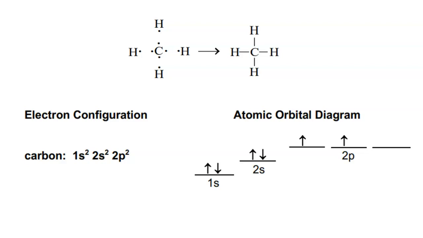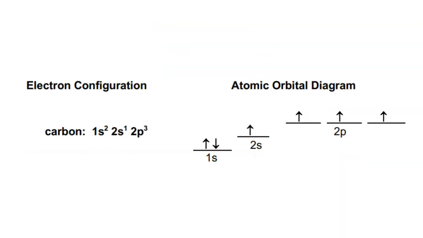Each carbon in its ground state electron configuration and atomic orbital diagram is shown here. Your carbon atom needs 4 unpaired electrons to form single bonds with hydrogen atoms. To get 4, 1 electron from the 2s orbital must be promoted to the unoccupied 2p orbital.